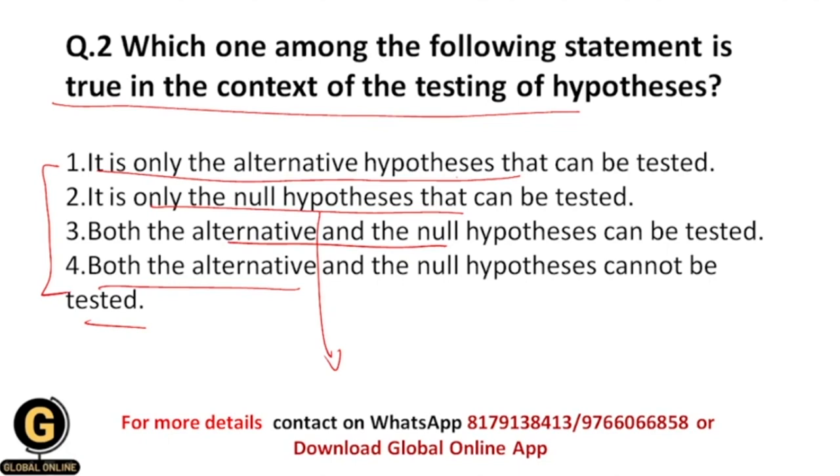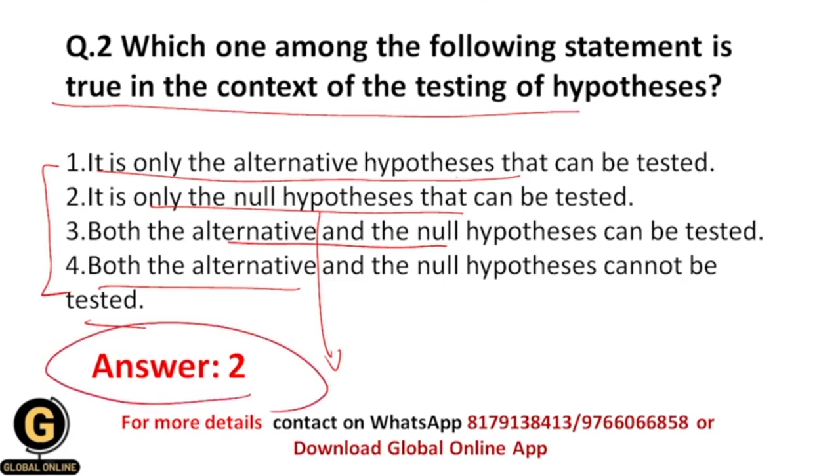Whenever we get the results and we should accept the null hypothesis, in that situation we accept it. And whenever we reject the null hypothesis, in that situation we automatically accept the alternative hypothesis. That's why your correct answer should be 2, that is, it is only the null hypothesis that can be tested.